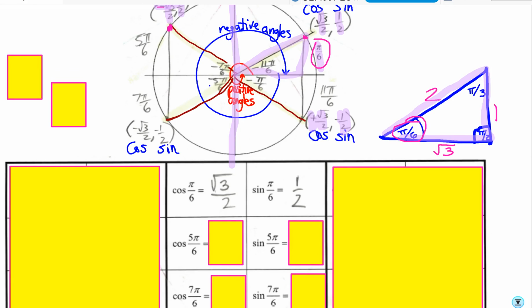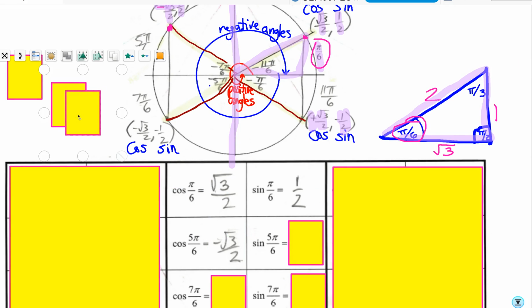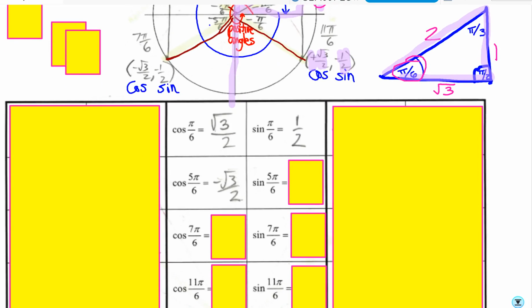And so if it's in quadrant 2, cosine, which is an x value, is going to be negative. So now, rather than positive square root of 3 over 2, like in quadrant 1, it's now negative square root of 3 over 2. And our sine value remains positive because I'm still above the x-axis.